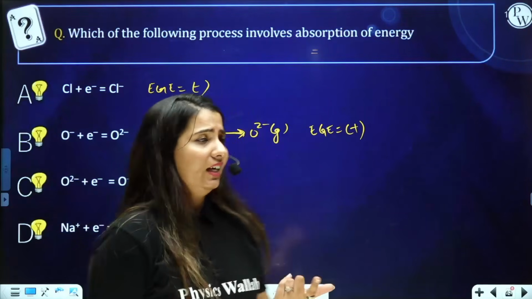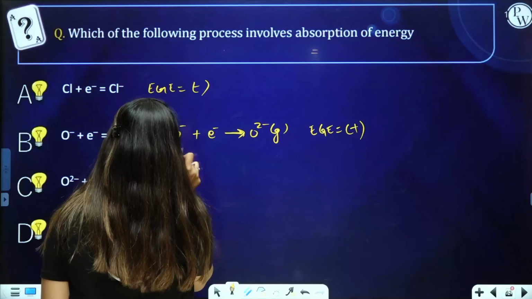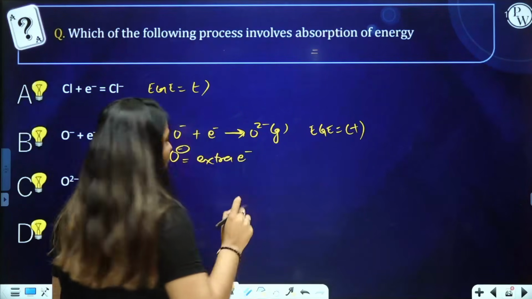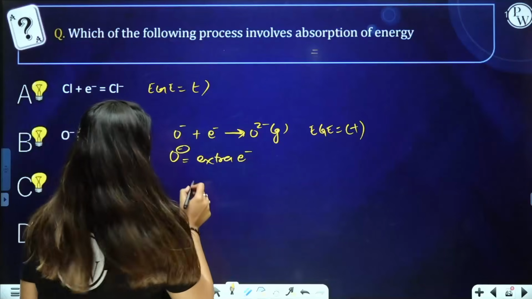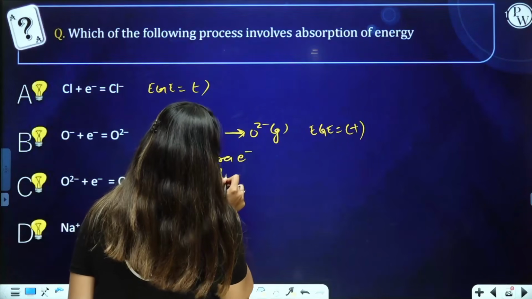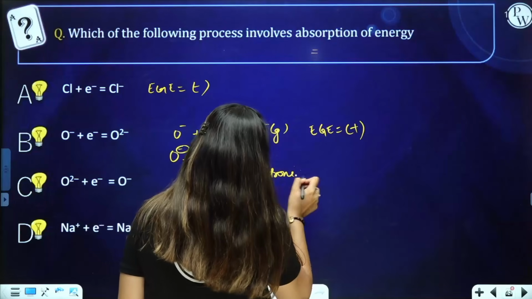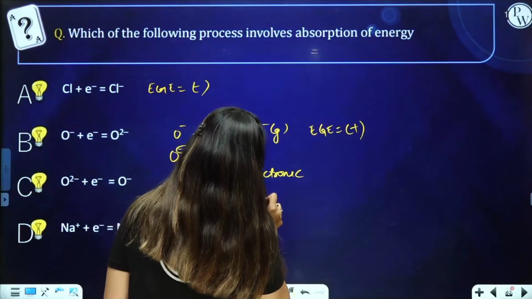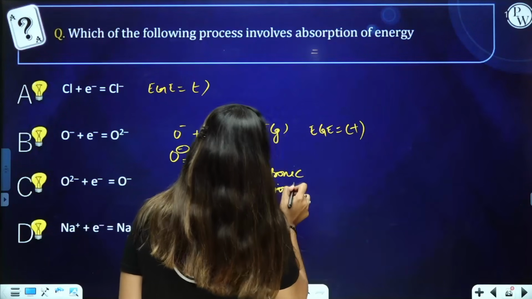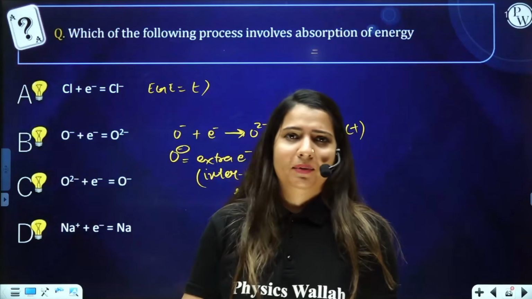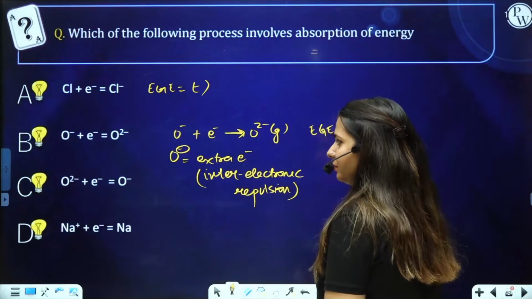Already there is an extra electron, which is creating inter-electronic repulsion. So if you are adding another electron, you have to supply energy.